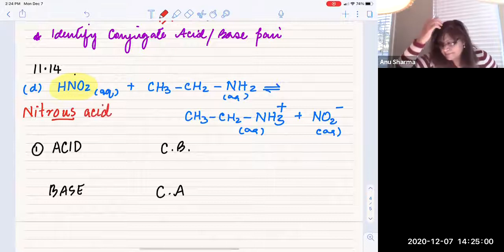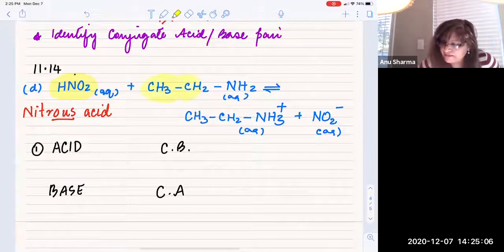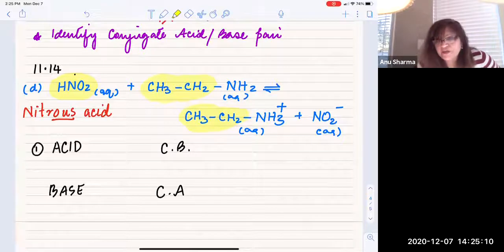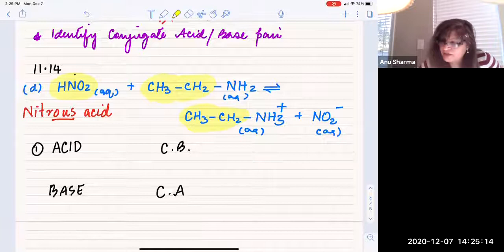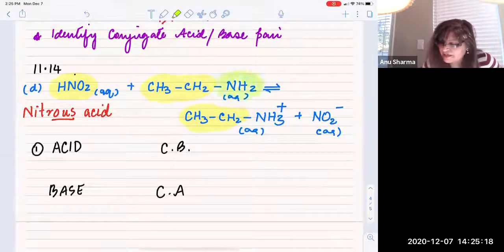Okay, and then this one, you don't worry about this. These are organic compounds, but the interesting part here is these carbon hydrogen bonds are kind of non-reactive, and they're just there to give a structure to the molecule. But our real active site in this molecule is NH2, which becomes NH3 plus. So that's where the reactivity is.